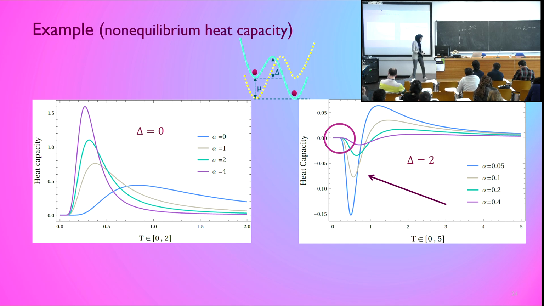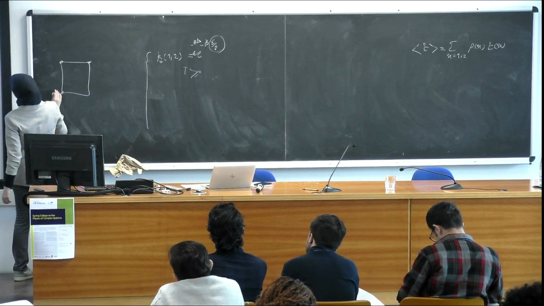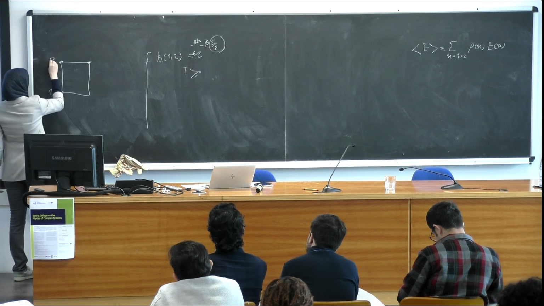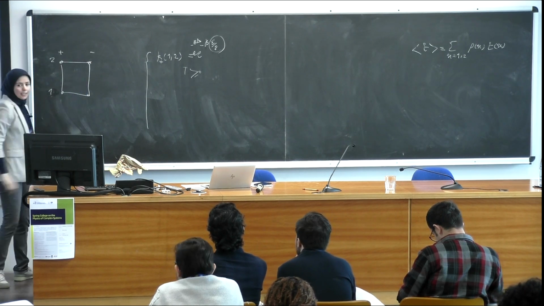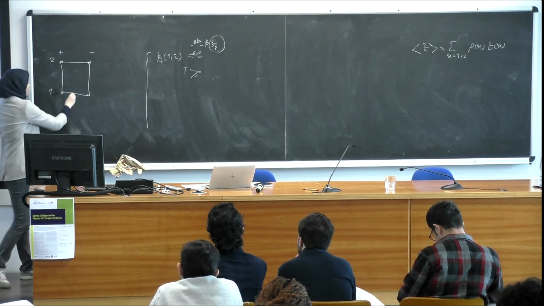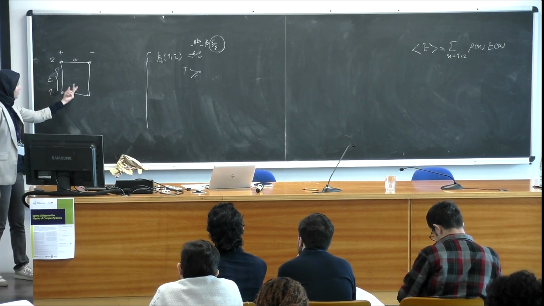But I can give you intuition for why it's happening. Because the two-level system, if I model it on a graph in discrete space, has states 0, 1, plus and minus. I have 4 states, alpha is here, the energy gap is here, and just imagine I increase alpha.